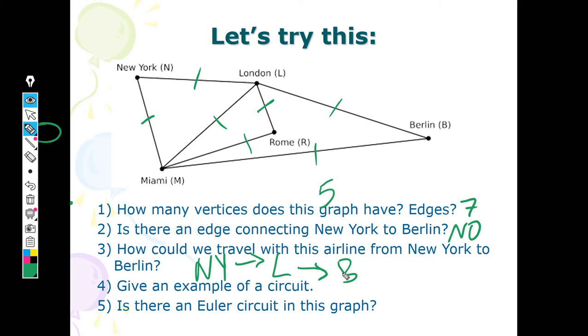Number 4 says, give an example of a circuit. Remember, a circuit goes through all of the lines and repeats back at where you started.